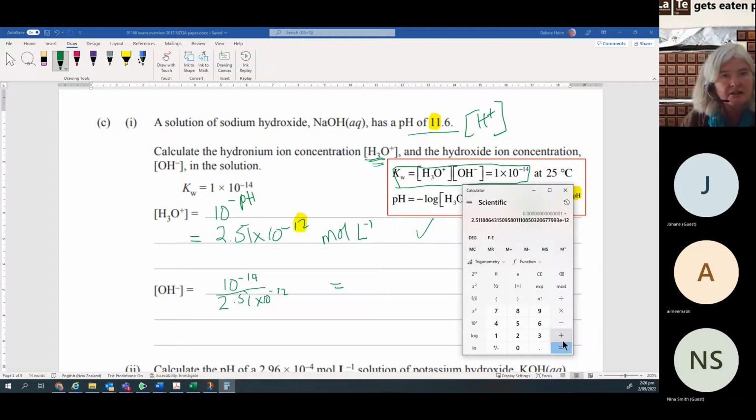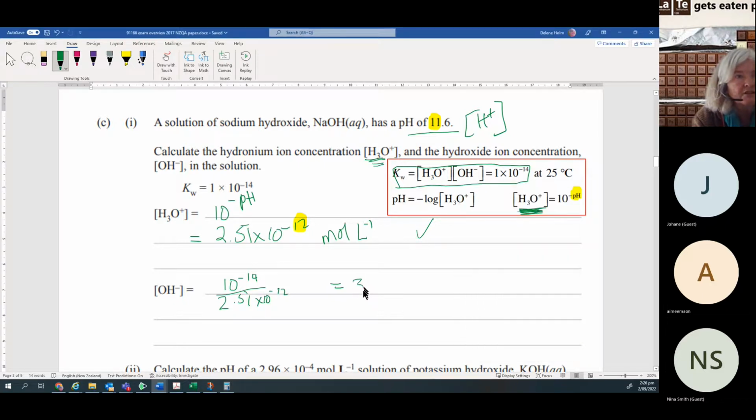Don't round off until the very, very end. And so I get a number of 0.00398, or I could just use that FE button, and that puts it into scientific notation. So that gives me an answer of 3.98 times 10 to the minus 3.